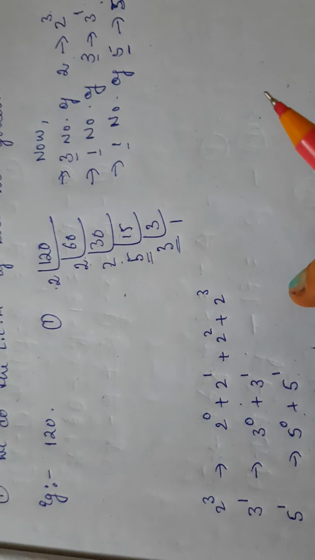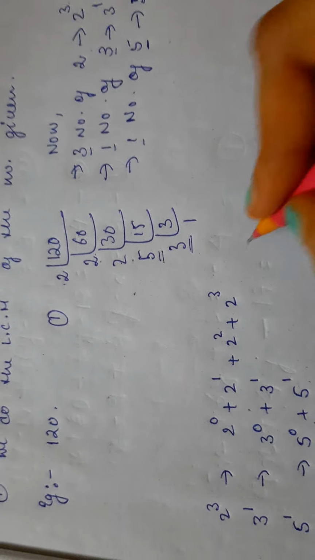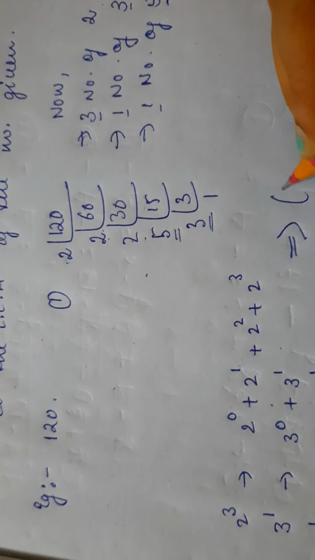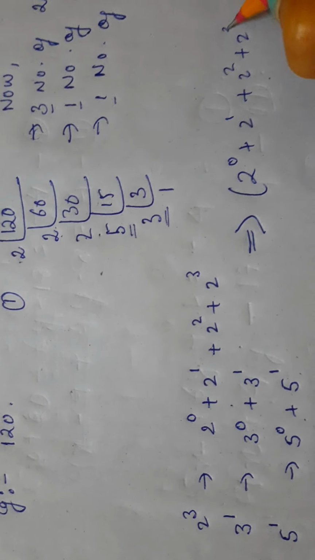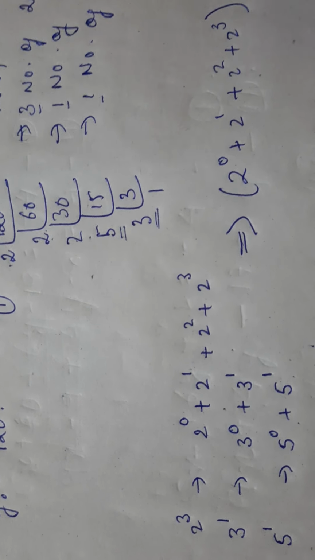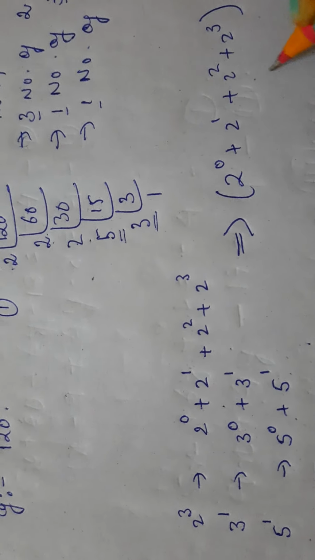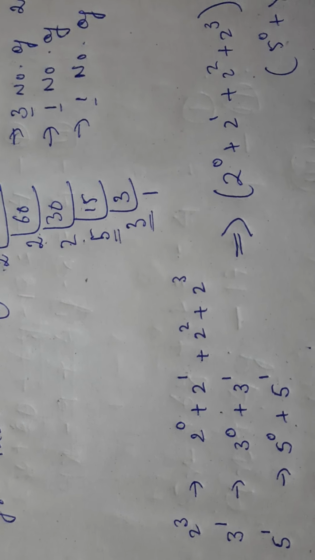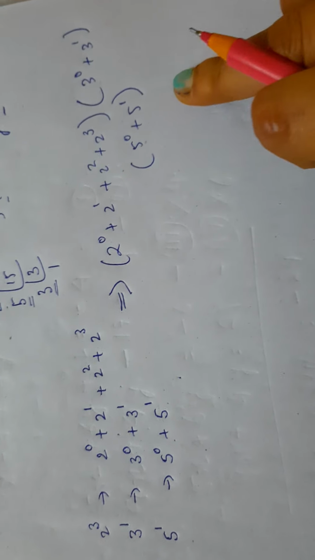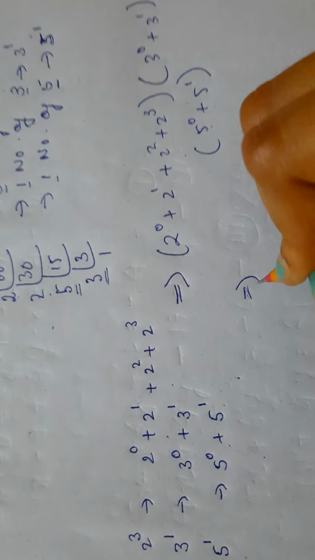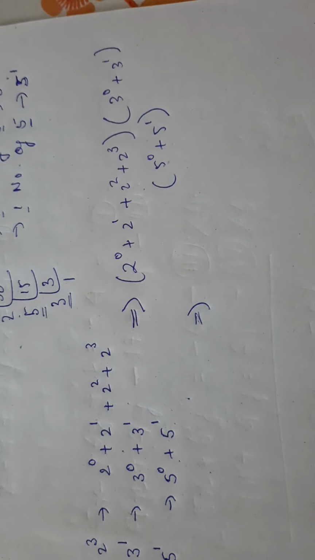So as we wrote like this, what will we do? We will just multiply all these summations. As we multiply all these summations, we will get the desired answer.